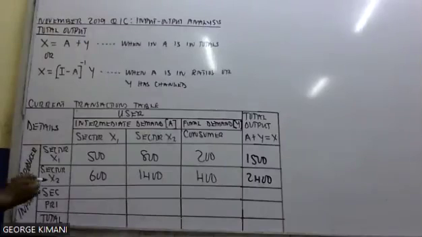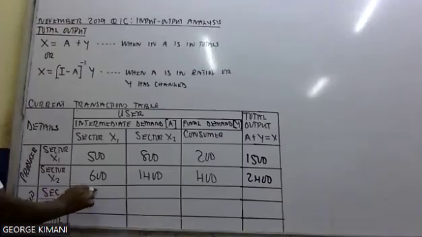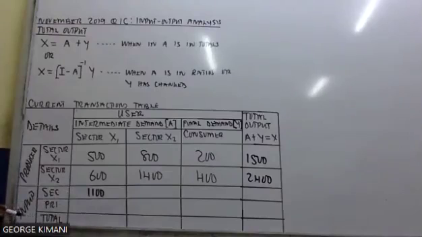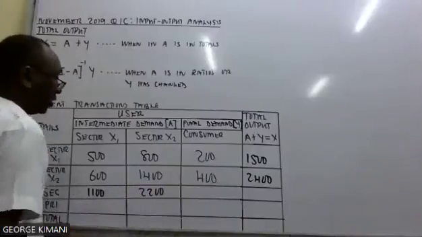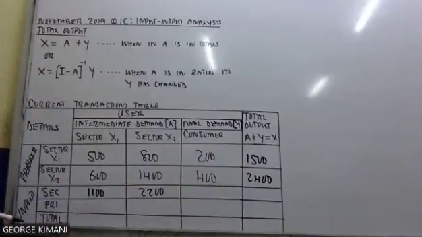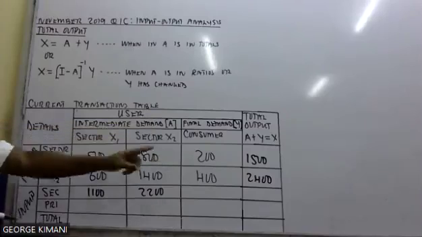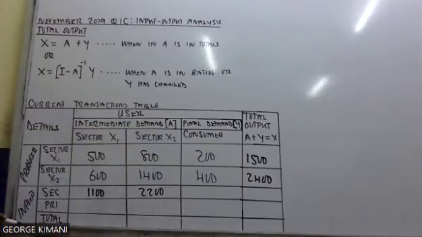Then I told you when you add these two, the total here, 1,100, is called secondary input. Then this one, when you add, is called secondary again. Then we said, because of the concept of absence of returns, the total output should be equal to total input.